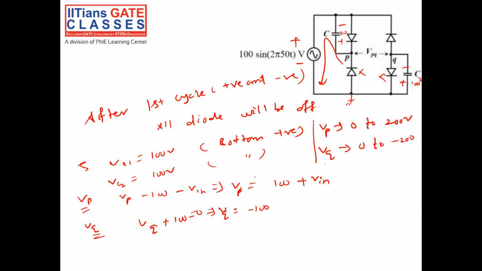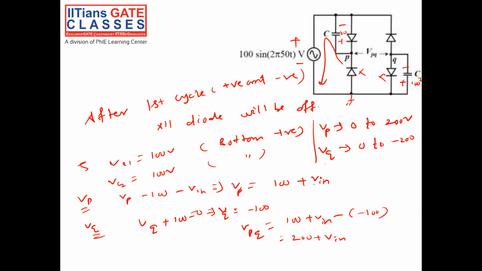Okay. So now what is Vpq? Vpq is equal to 100 plus Vin, which is Vp, minus Vq, which is minus 100. So it is equal to 200 plus Vin.